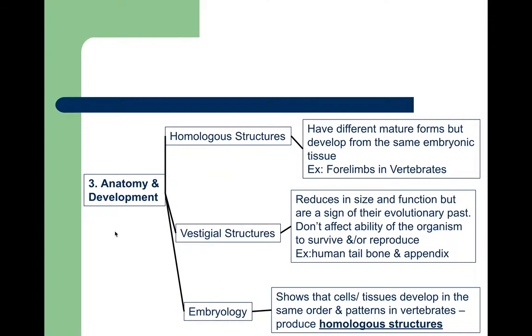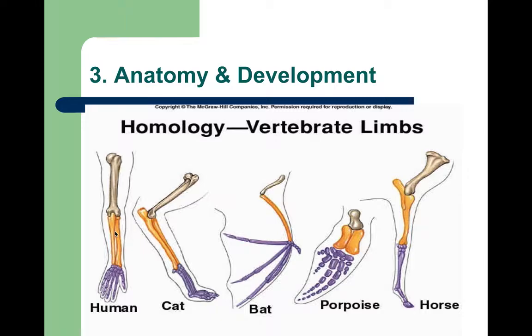So what we're going to look at here is this term called homologous structures, and homologous comes from the word homo, meaning same. When we look at these vertebrate limbs, we're looking at structures that are all similar. If you take a look at the color coding, for example, all of the yellow-orange coloring represents the same structure in each of the limbs, and all of the purple represents the same structure in each of the limbs.